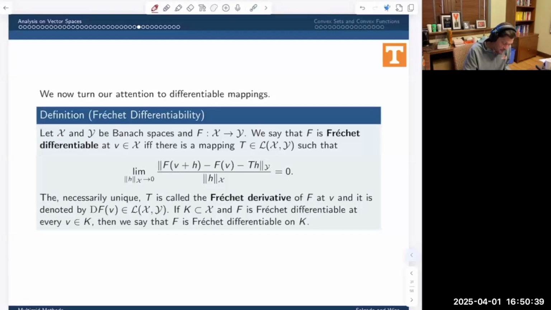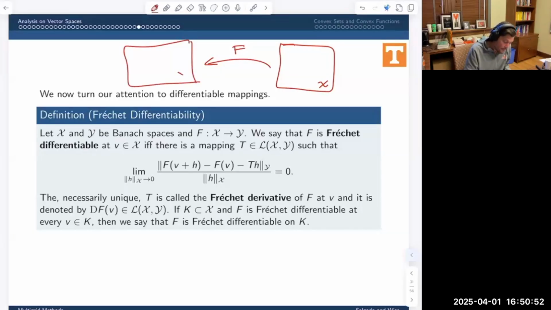Here's our big space, X, and F is going to take X into Y. We start with some fixed point V in X, and that gets mapped over here to F of V. The question is whether this mapping is differentiable at that point V, and it is if the following definition is satisfied.